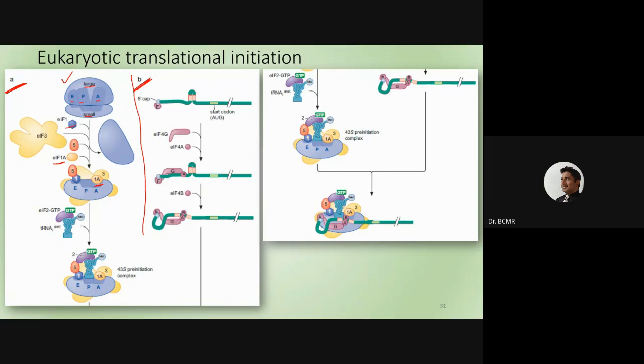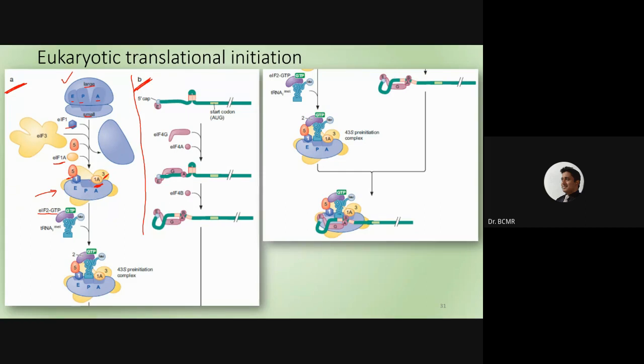So EIF1A, and we have EIF5 and EIF3 is here. It's a little larger here. So they have these functions. They bind to the small subunit like this. Then EIF2, along with GTP. EIF2, like IF2, is a GTPase.